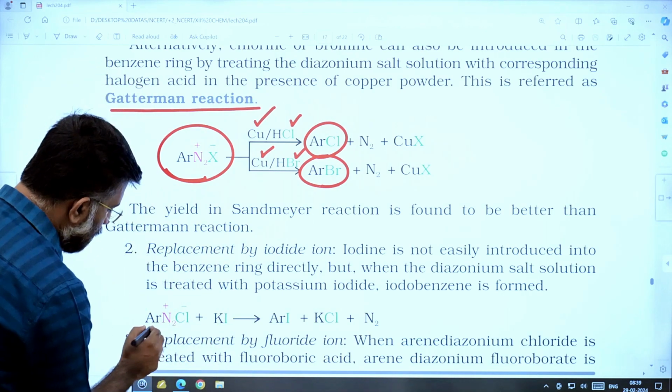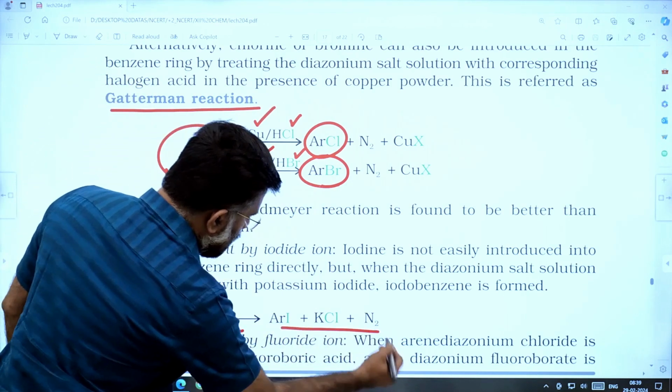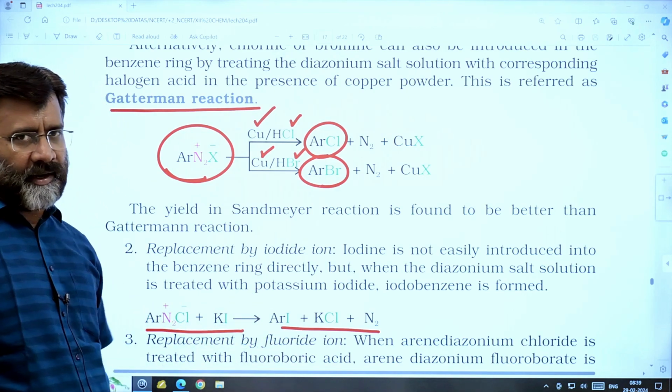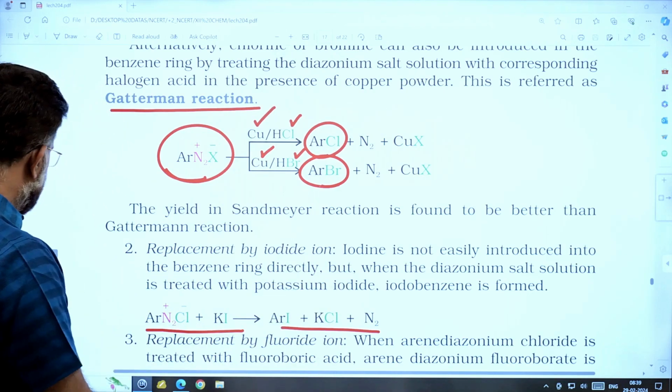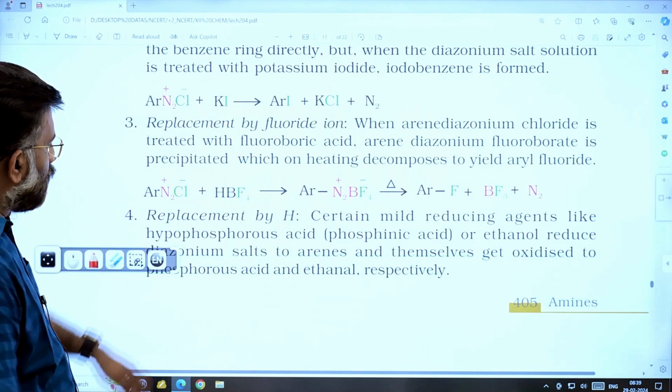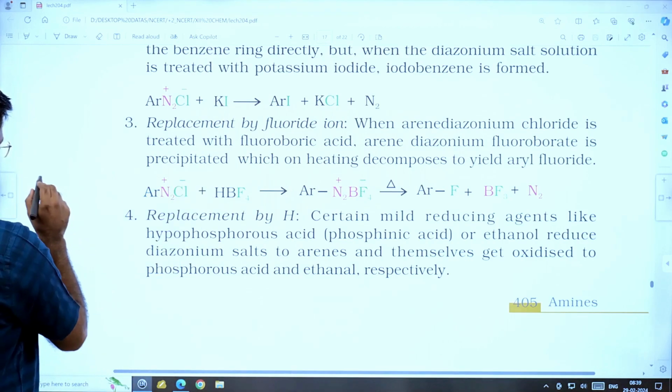And this is preparation of iodobenzene, benzene diazonium salt treated with KI, you get iodobenzene, direct preparation. And preparation of fluorobenzene, hope you remember, what is the name of the reaction?